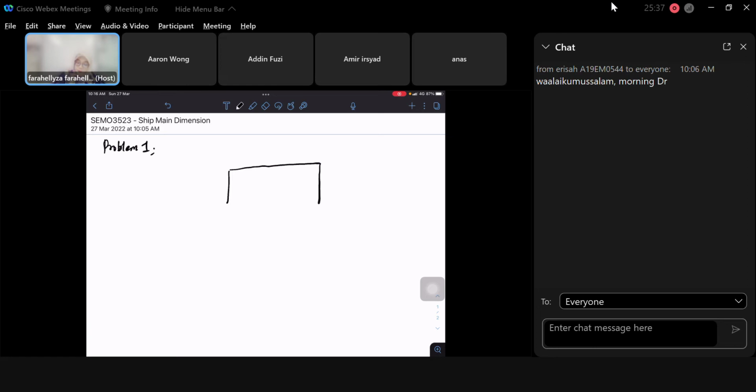So this box shape has a length of 42 meters. Then a breadth of 11 meters. Basically the breadth is what you see looking from the front, so this is your breadth. So B is 11 meters. And then you also have the depth, which is seen looking from the side. So D is 8 meters.